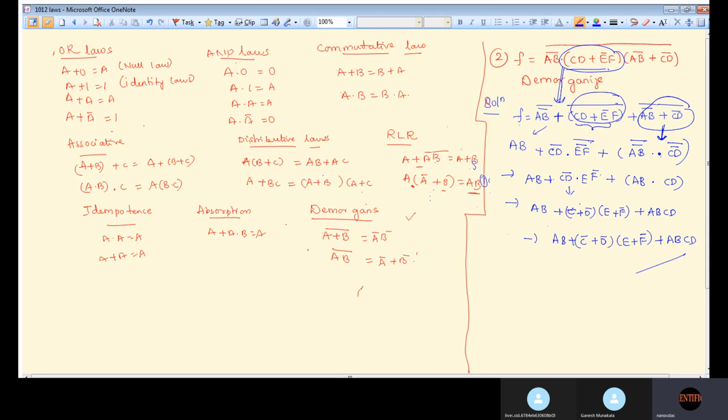In the third step, CD bar is there, EF bar whole bar is there, so again you demorganize this one and this one. So finally, which expression are you getting? That is the final one. You got it? Shall we go to the next one?